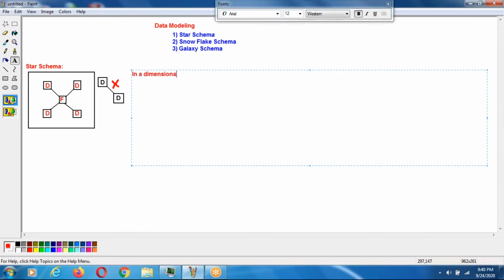So in a dimensional model, dimension should not communicate with another dimension. We should not have a relationship with another dimension.